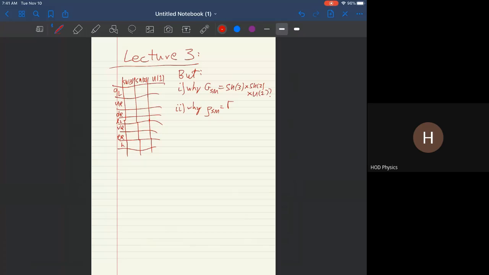Why is it this bizarre representation we wrote down last time, F plus F star, which if we expand it out really is a reducible vector space with 12 different components, each of which has rather bizarre properties? This table is full of all sorts of weird numbers like 1/6 and 2/3, etc.